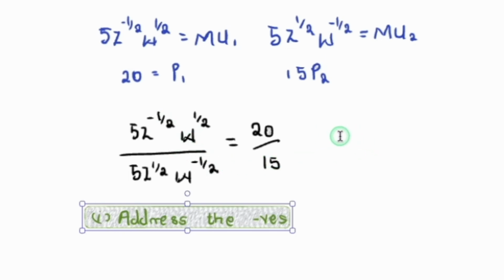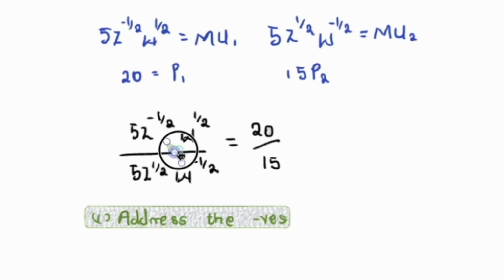What happens to the powers is that they change their signs, and we want to remove the negative signs from those powers. So if I interchange their positions, that means if I move my w up and I move the z down, I'm switching these two things, the w and the z.